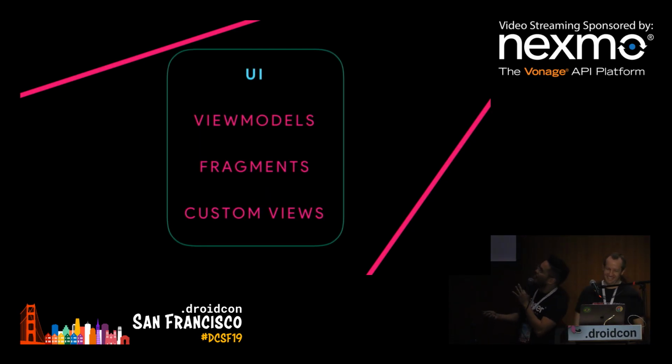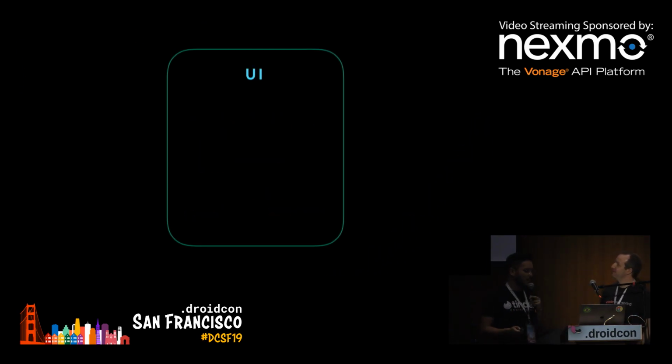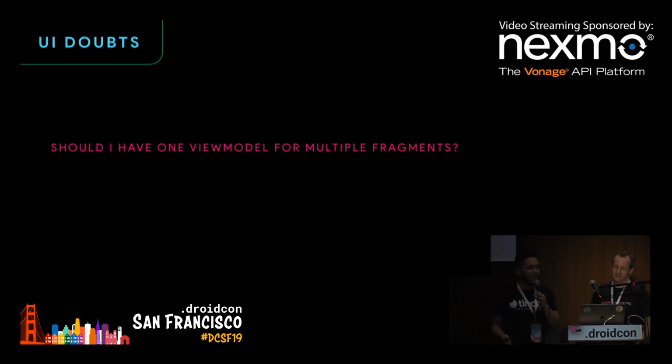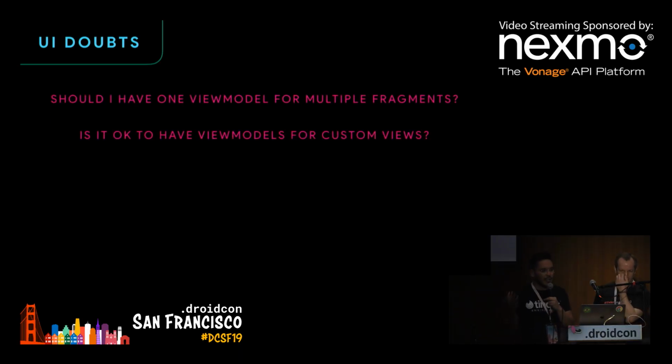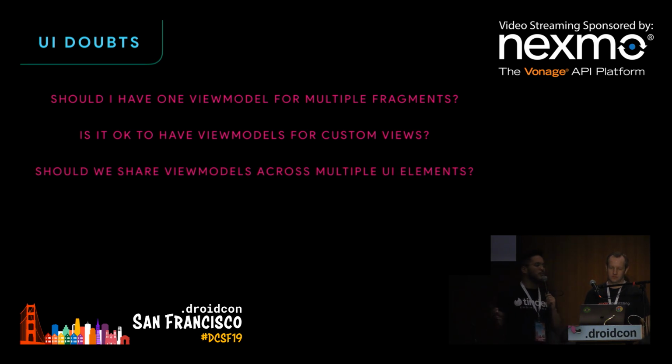So if we take a look at the UI part of it, what are the doubts that usually come when we're using MVVM? Should I use one view model for multiple fragments? Or is it okay to have view models for custom views? That's a question that we can come up against when we're using it and trying to figure out complex apps with MVVM. And should we share a view model across multiple UI elements?